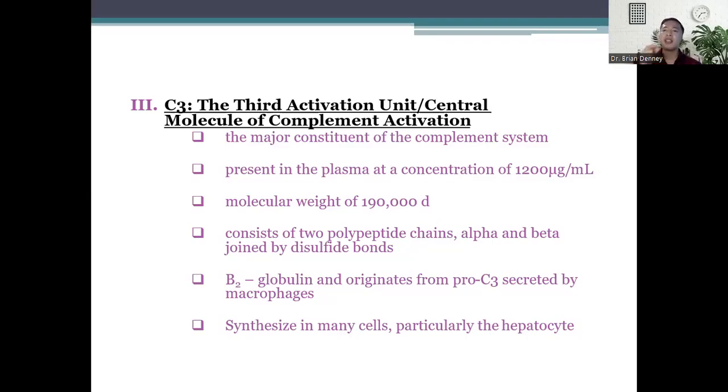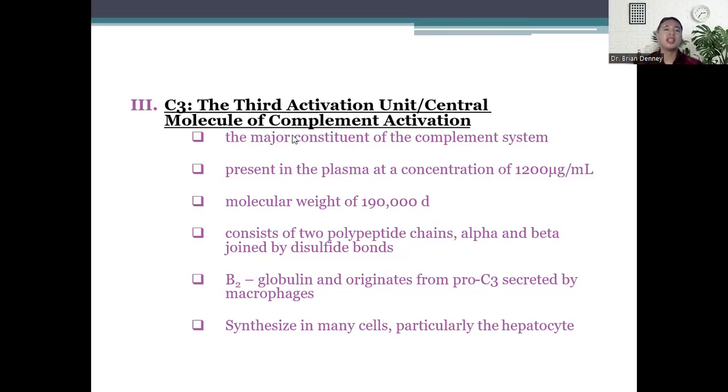That's why C4 activation is considered the first amplification process in the complement classical pathway activation, whereas C3 cleavage is considered the second amplification process.